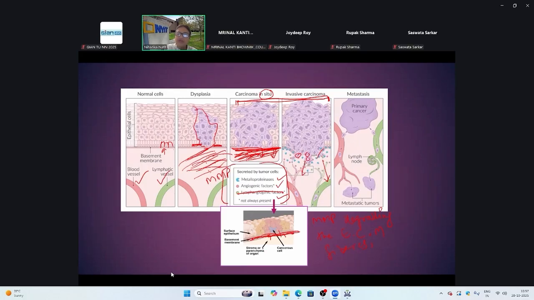Also, it's degrading the basement membrane. The basement membrane is an ECM. It's what was holding everything together. Without this basement membrane, there's no way to hold anything together. So the basement membrane is a member of the extracellular matrix, and MMPs are being secreted to remove all that.